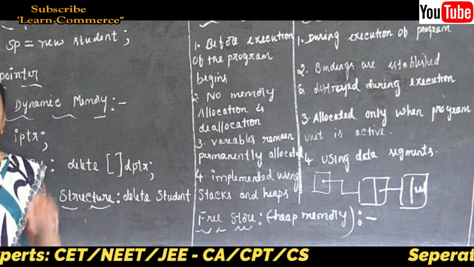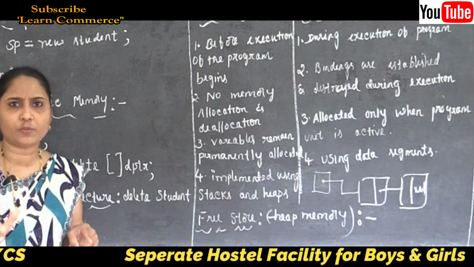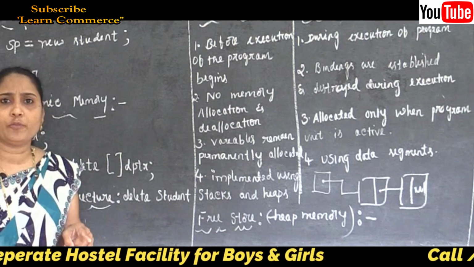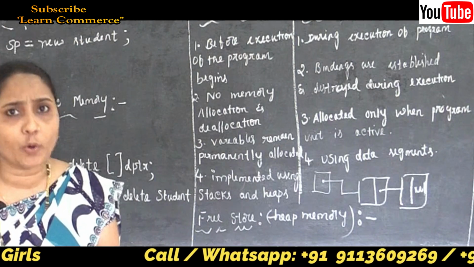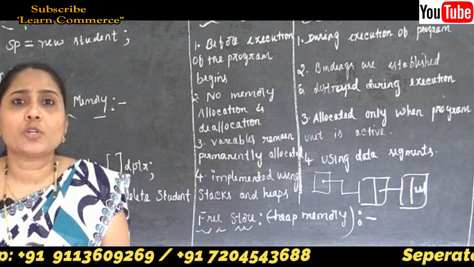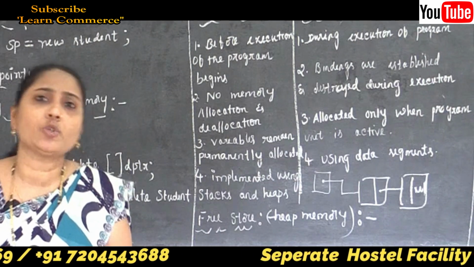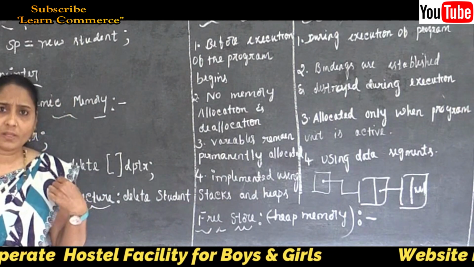Clear this point here? That means if you want to collect memory, you are going to collect it from the free store here. And if you don't want some memory space in the program, maybe you want to delete an object from the program, then such object's memory space is going to be added back into that place, and such a place is called the free store.